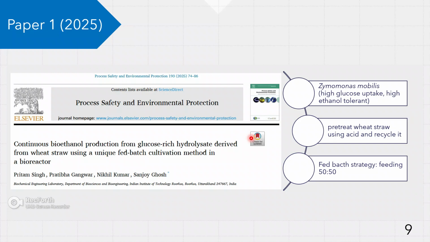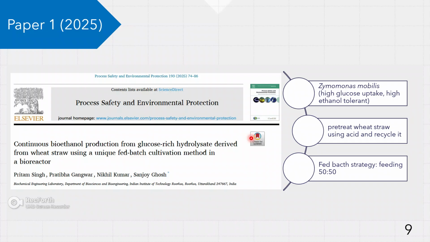Let's move on to the first paper, titled Continuous Bioethanol Production from Glucose-Rich Hydrolysate, hereinafter GRH, derived from wet straw using a unique fed batch cultivation method in a bioreactor. In this study, they used Zymomonas mobilis, which is known for high glucose uptake and high ethanol tolerance.